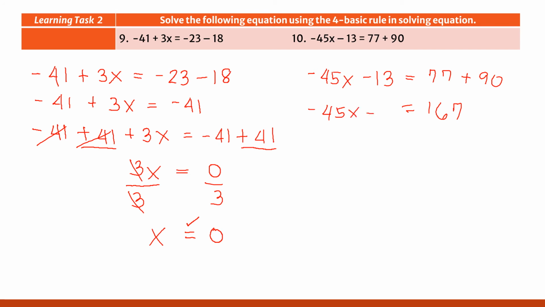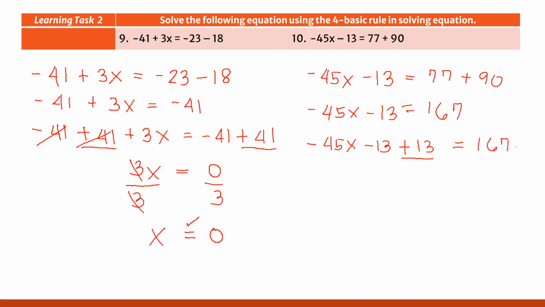So, copy the left-hand side, negative 45x minus 13. Now, if you notice, dun sa kaliwa, merong constant na negative 13. And to remove that, ano ang opposite ng negative 13? Well, that is positive 13. Ibig sabihin, nag-add ako ng 13. Kaya naman, ano ang ini-apply natin?